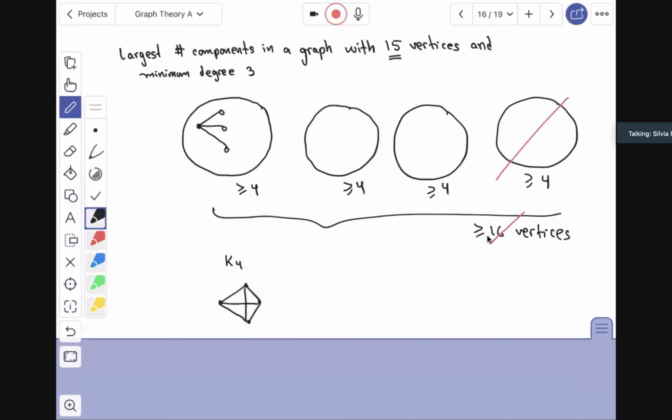That's one component, and the minimum degree is 3. I could just leave it by itself, and that's it. I could have another K4. That's another component. And so I have 8 vertices so far. And then I can have a K7 if you want. The only restriction is that I have minimum degree 3. This one will have degree 6.